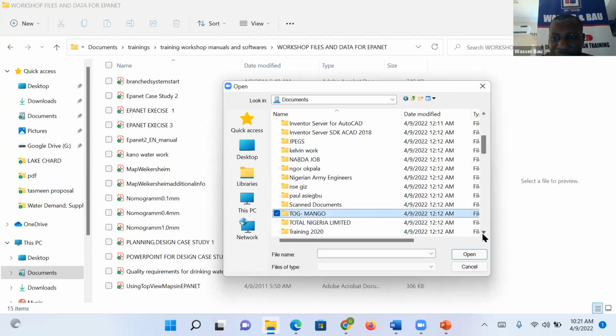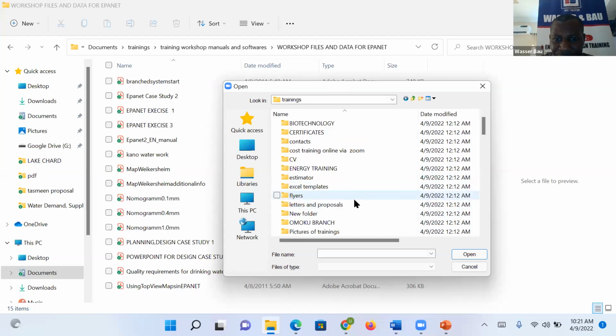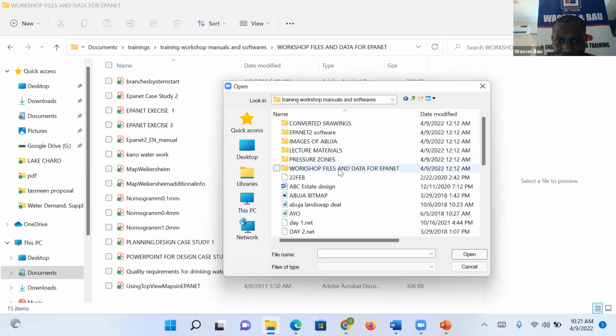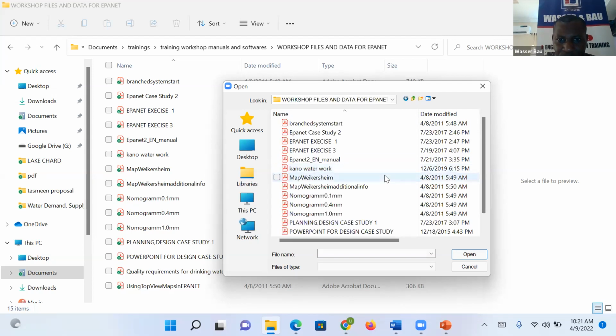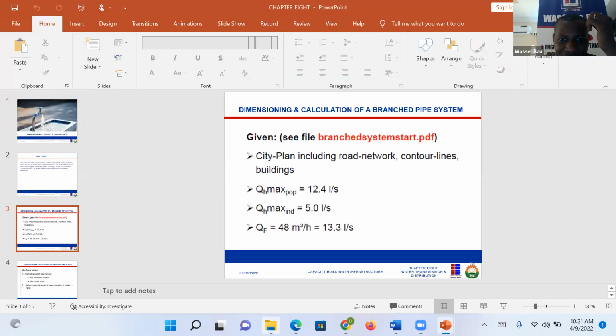So this case study is a simple layout of a residential area. Go to the chat box now and download that case study. Meanwhile, after the training, I will upload everything on our cloud.